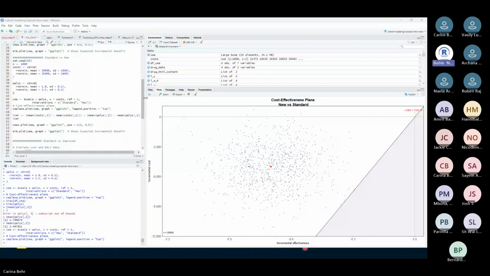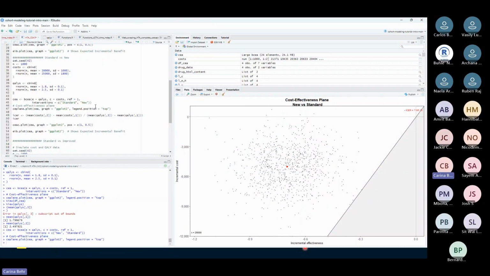So Hannibal, we were just wondering, when plotting the standard versus new cost-effectiveness plane and looking at the data here, I know that you're drawing random numbers, but we expected a positive incremental effectiveness, because we would assume that this is standard and this is new.